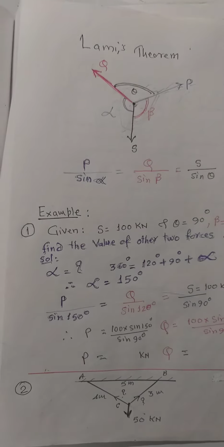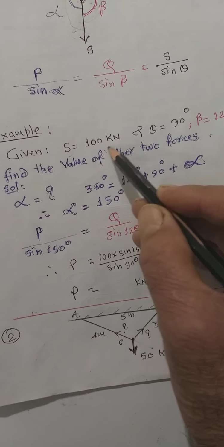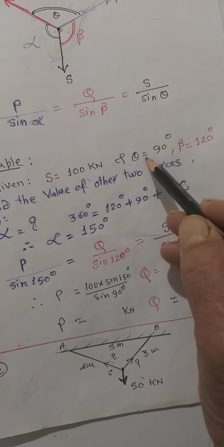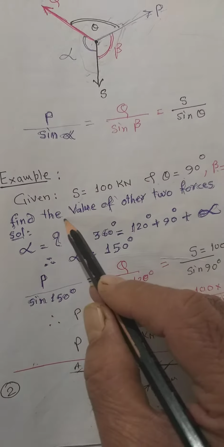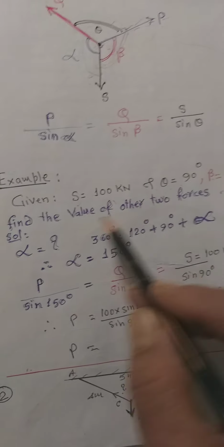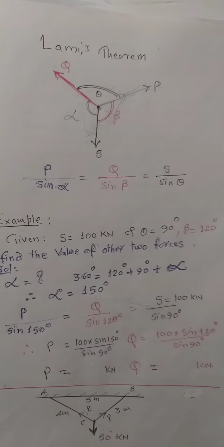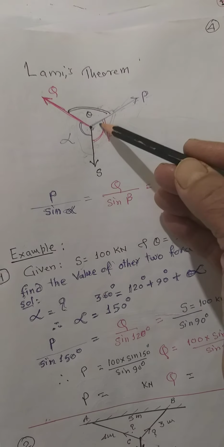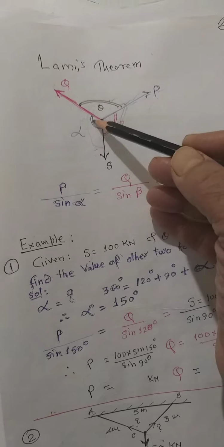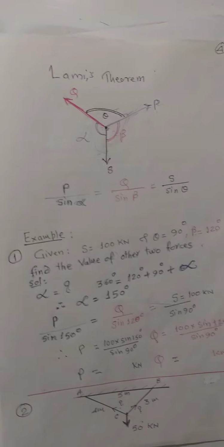Three things are given to you. What are the things given to you? Given S is equal to 100 kilonewton, theta is 90 degrees and beta is 120 degrees. Find the value of the other two forces acting over here. What are the magnitudes of the forces? That is, when S is given and these two angles are given, you are supposed to find the magnitude of the forces P and Q.